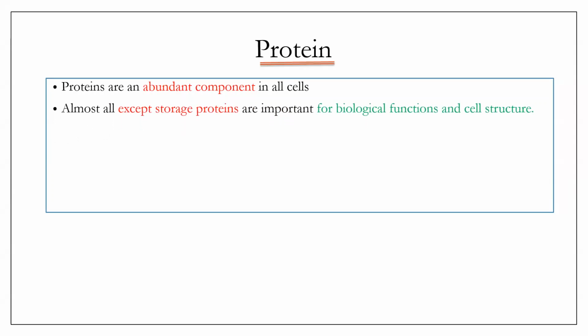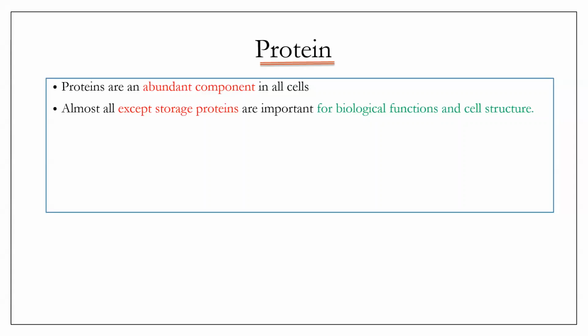You know, there are several storage proteins in the living cells. Apart from that, all other proteins play a very important role in biological functions, like they play a very important role in biochemical pathways by acting as enzymes. They act as transcription factors, they act as receptors, they are antibodies. So there are different types of roles which are played by a protein.